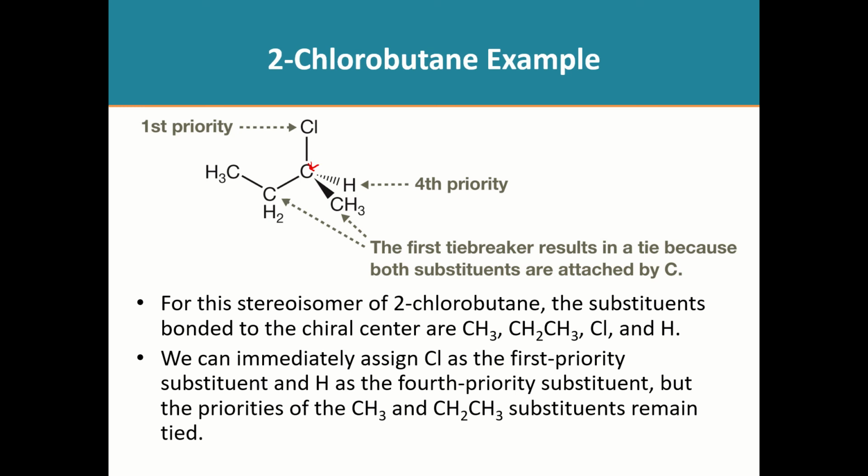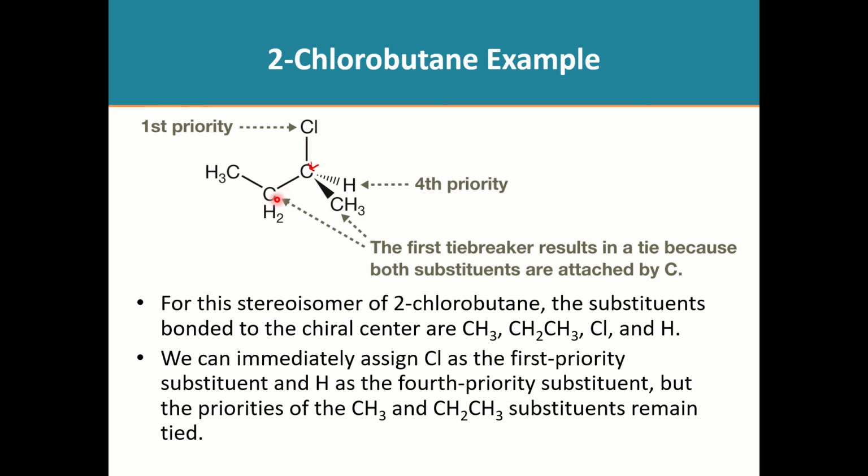Now we go to step 1, which says to prioritize. We see we have a chlorine. That's really large. And we see a hydrogen, and that's the smallest. So we have assigned priorities 1 and 4. But looking here, we have a carbon and a carbon. So there's a tie. Which one takes priority over the other?